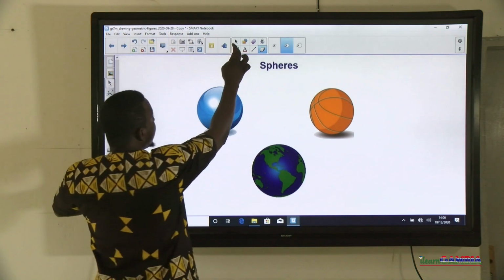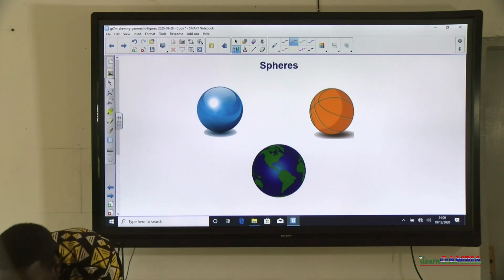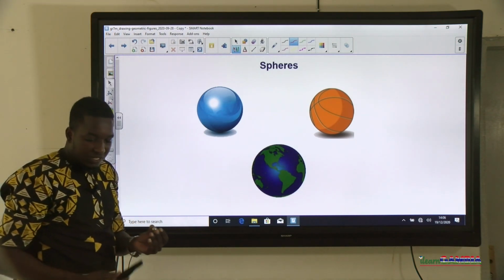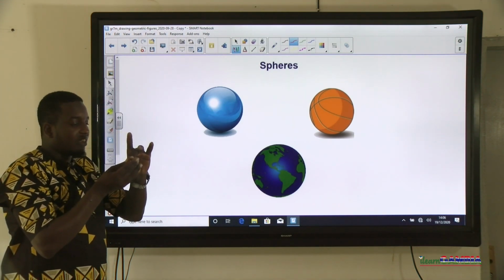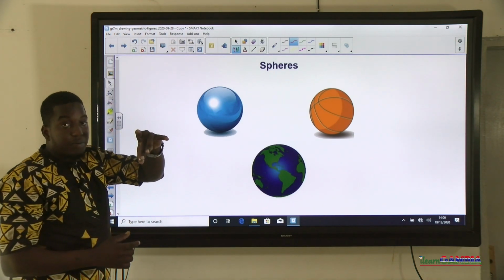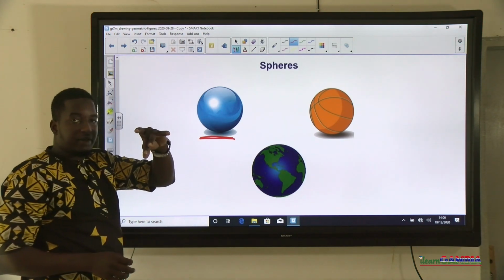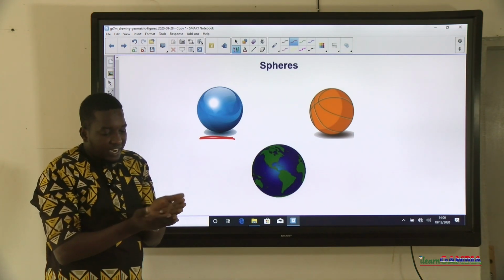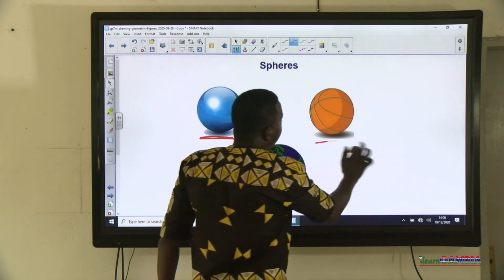Like the first one is the marble that we were talking about. We said it is spherical in shape because it is perfectly round. So that is an example of a sphere. That is why we are able to classify it as a sphere. Then the other one that we have is the basketball.